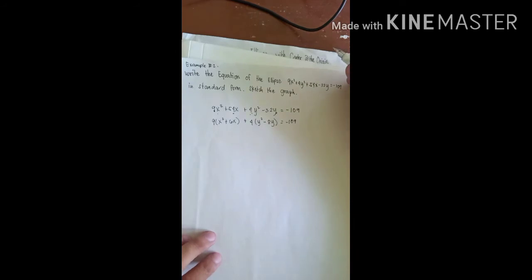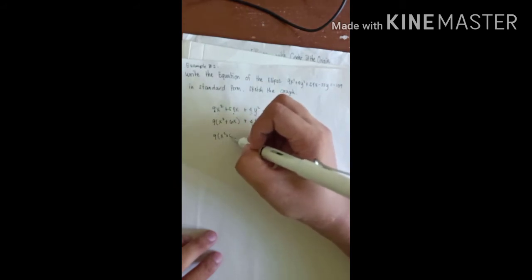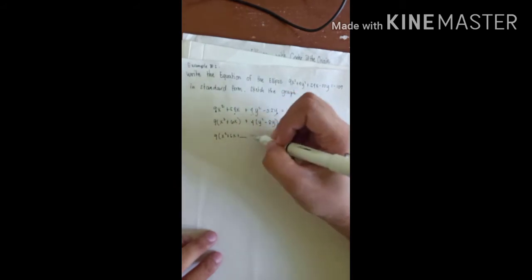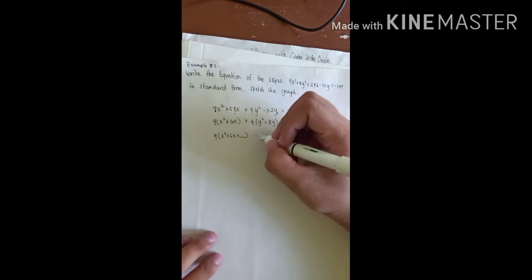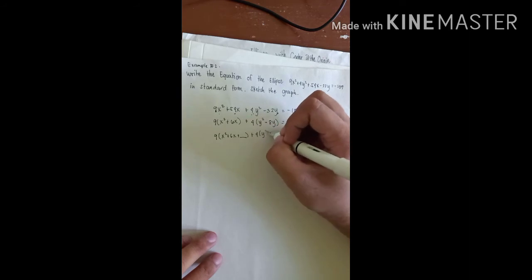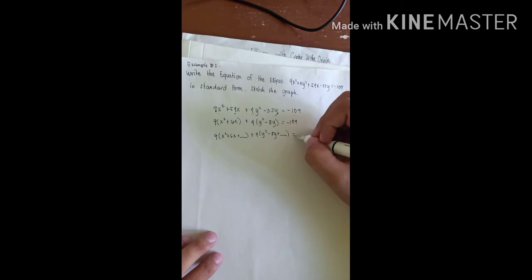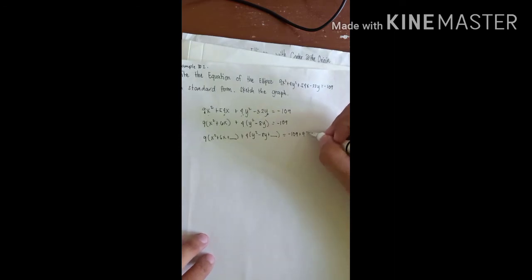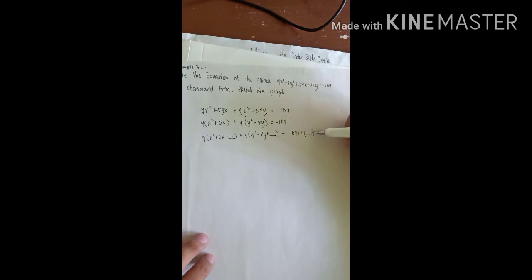Next is completing the square. So ang gagawin natin, x squared plus 6x plus kung ano dagdag natin para magiging perfect square trinomial siya, plus 4 times y squared minus 8y plus blank, equals negative 109 plus 9 times kung ano yung nilagay mo dito, yan din ang lalagay mo dito.